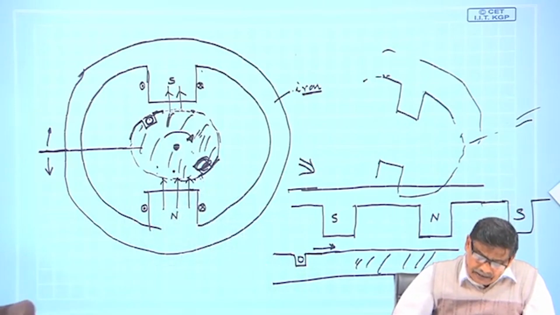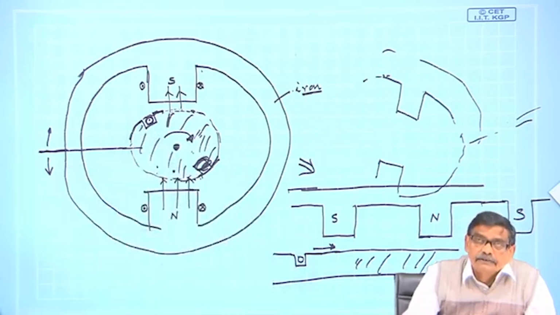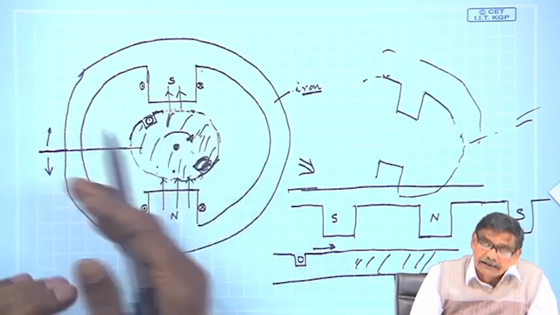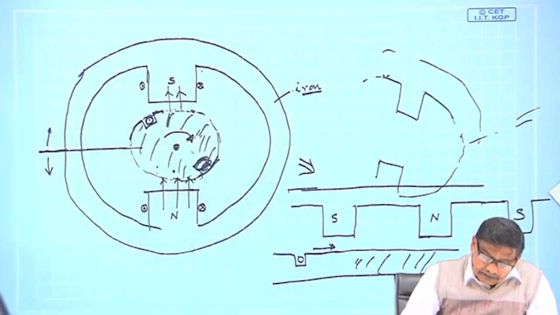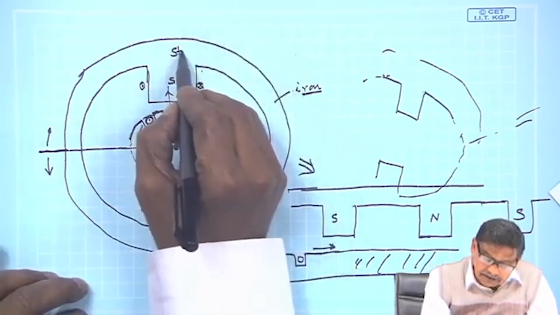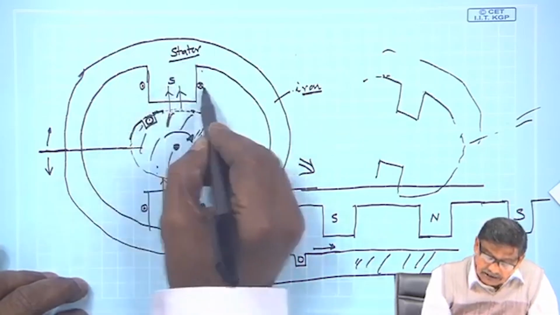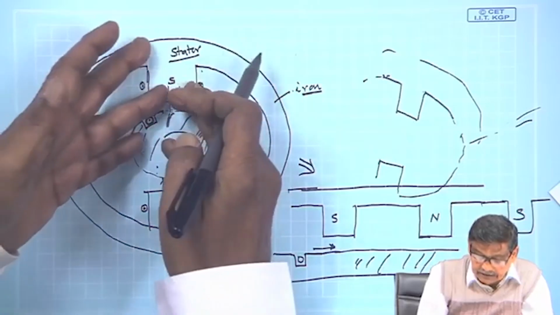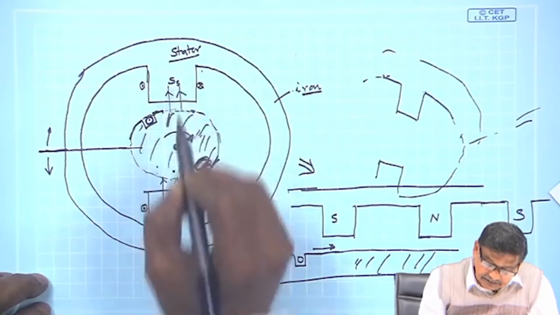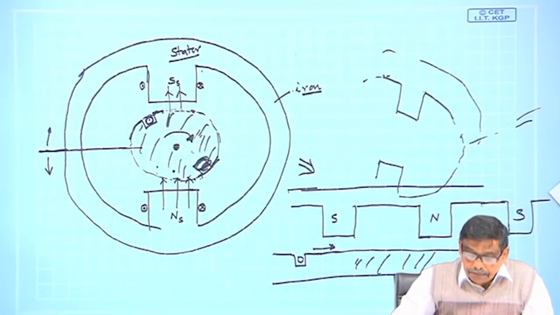And be it generator or motor mode, this conductor will also carry current, and this conductor will also produce a magnetic field, and this magnetic field was produced by what are called the stator coils carrying current. Stator coils, they will carry current, and these two fields will be produced. Let us call them SS and NS. This S stands for stator, the part.